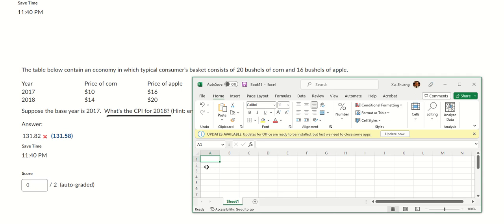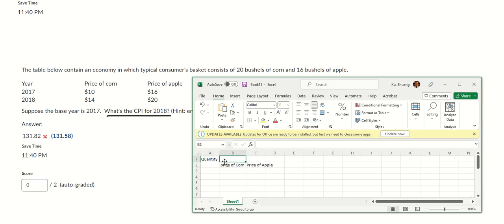We have the quantity, and then price of corn, price of apple.